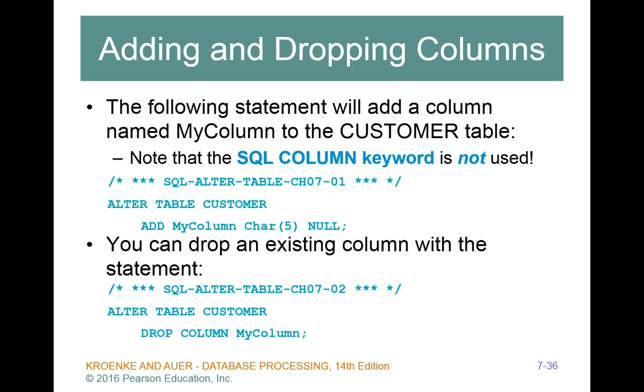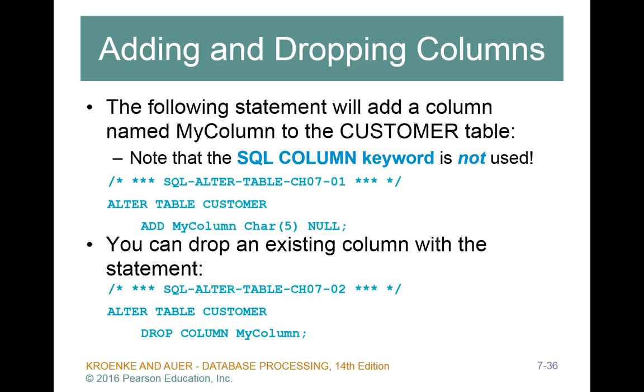The alter table statements we would use if we wanted to add or drop columns. Notice here that the column keyword is not used. In our first example, if we just wanted to add a column, we would do an alter table customer, choosing the table that we want to alter, and then just choose the add, name your column, give it a data type, and indicate what null value it is.